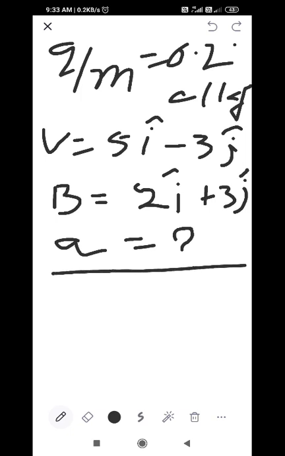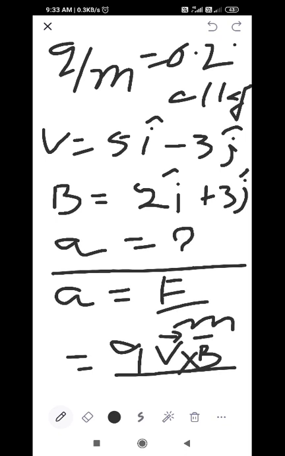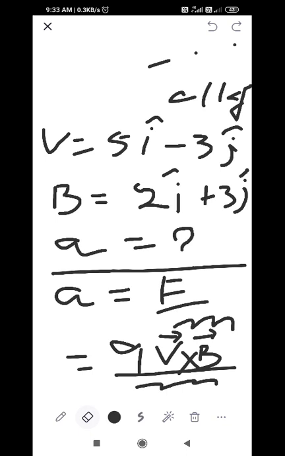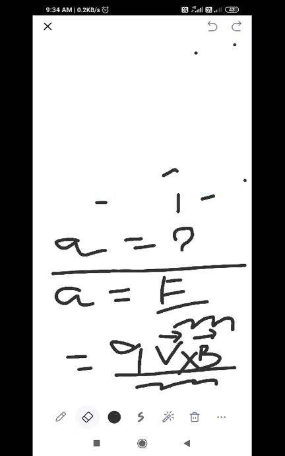So you can write that acceleration is equal to force by mass. Force is magnetic force, that is Q V cross B divided by m. Now you substitute the values of the different quantities which are given.